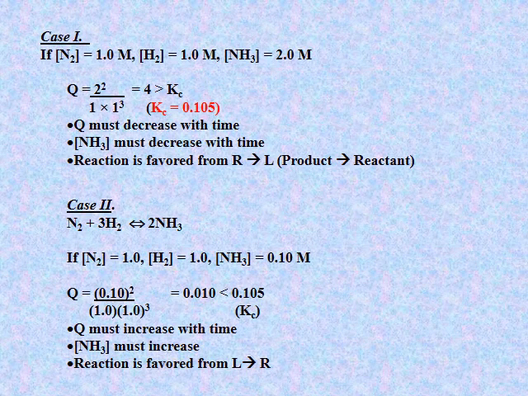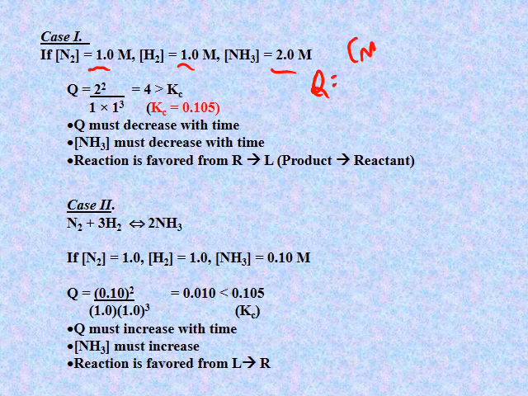Here we're giving a specific example when nitrogen concentration is 1 molar, hydrogen is 1 molar, ammonia is 2 molar. Remember, you would have product concentrations on the top. I think it would be helpful if I also write down this actual expression, which is on the other slide.